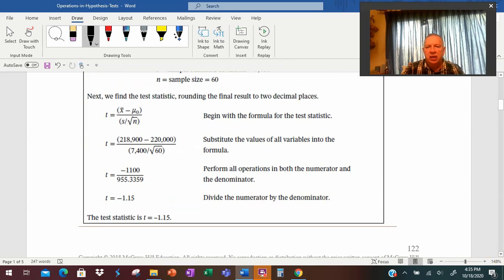And so if I went in here and plotted this out to the side, I had a two-tailed test. Here is 0, and alpha over 2 in each tail because it's a two-tailed test. And then we would plot this out here. Let's say 1 is here. So in here is negative 1.15.